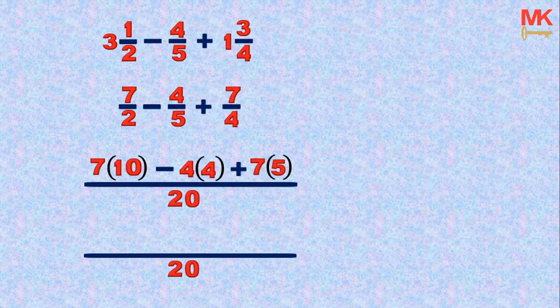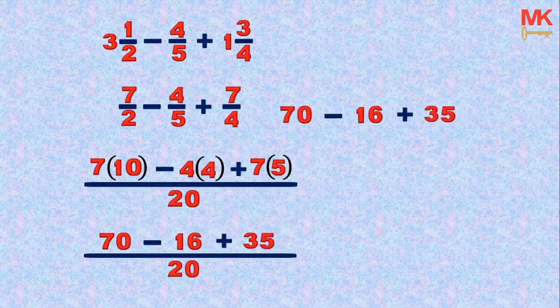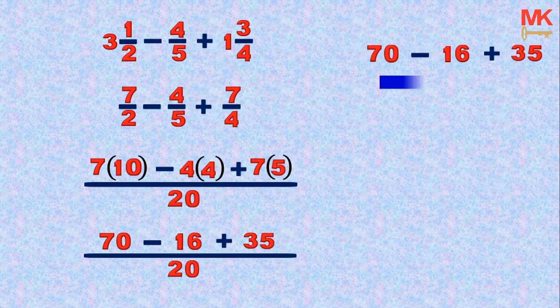Now at the top, 7 times 10 equals 70, minus 4 times 4, which gives us 16, plus 7 times 5, which gives us 35. Remember that the operations at the top must be done from the left to the right. Okay, so we're going to do 70 and 16 first of all before the 35.